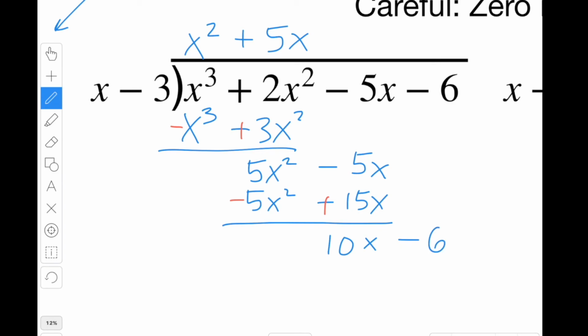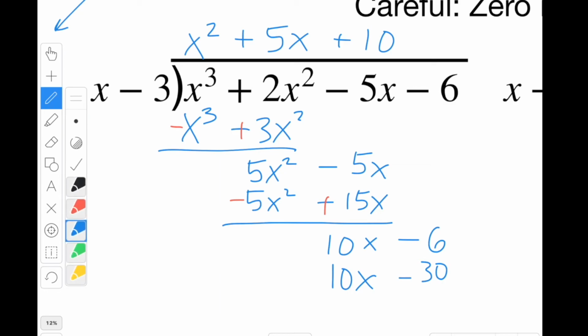Then you have to ask yourself, what times x gives you 10x? Well, that's going to be 10. And so you can see this should be plus 10. And then 10 times x is 10x. And then 10 times minus 3 is negative 30. We're going to change the signs. We get negative and plus.